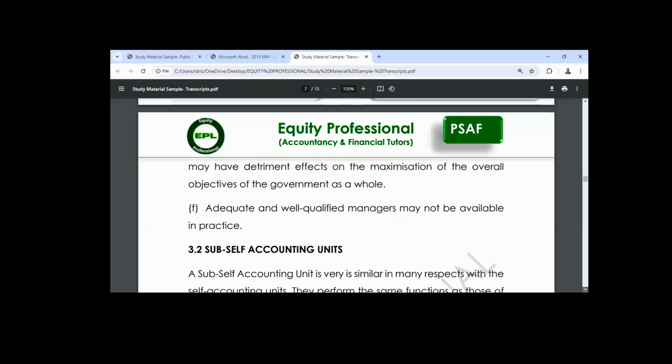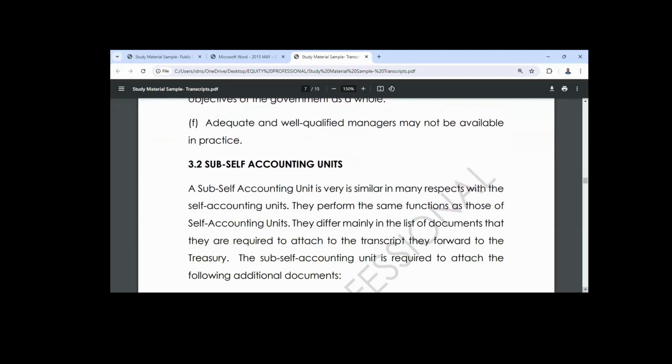Sub-self-accounting units. They perform similar functions with self-accounting units. They are just like a self-accounting unit.